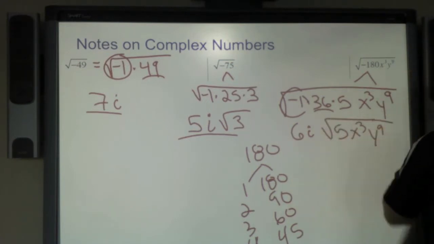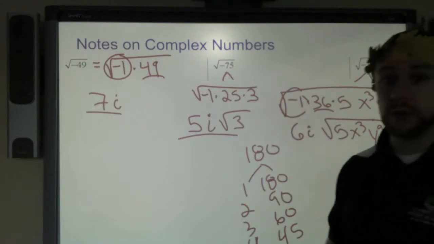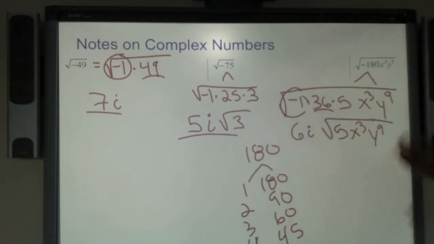Now, each time I'm doing a square root, I'm asking myself, what number times itself is this number? So I'm looking for pairs, really. I'm looking for two of a kind. So to handle the exponents, I do it very simply. I say, all right, I look at the exponent, 3. How many times does 2 go into 3?